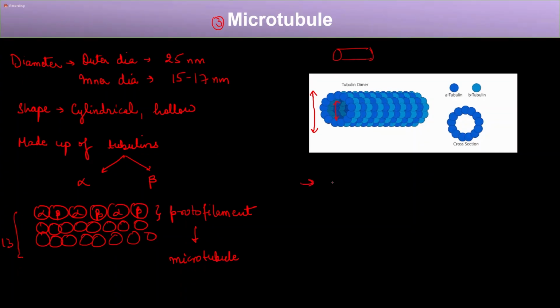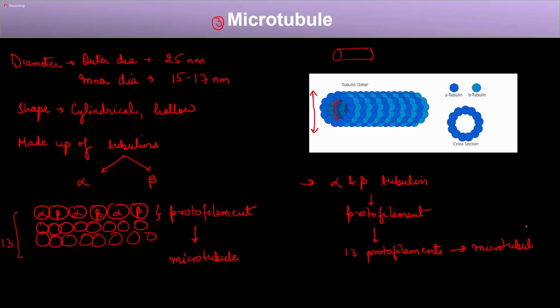In simple words, alpha and beta tubulin make protofilaments, and 13 protofilaments together make microtubules. That's why if you see the cross section of this microtubule, you can see 13 tubulin molecules. So 1, 2, 3, 4, 5, 6, 7, 8, 9, 10, 11, 12, 13. We have 13 tubulin molecules arranged in the cross section.